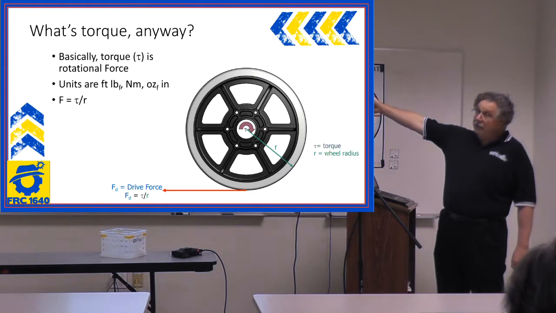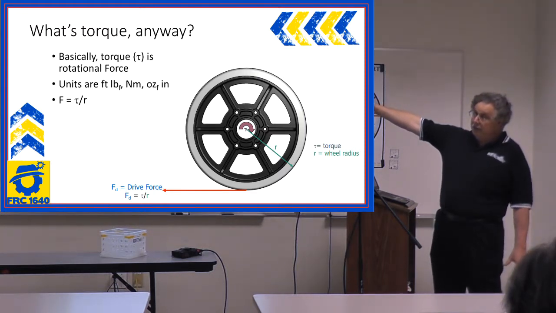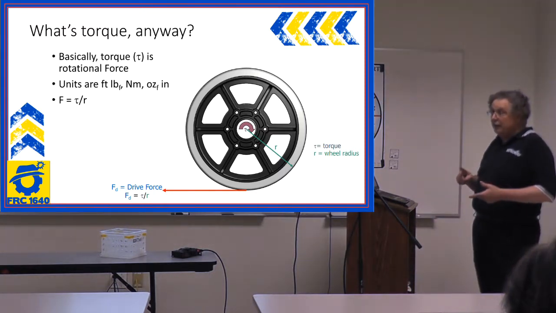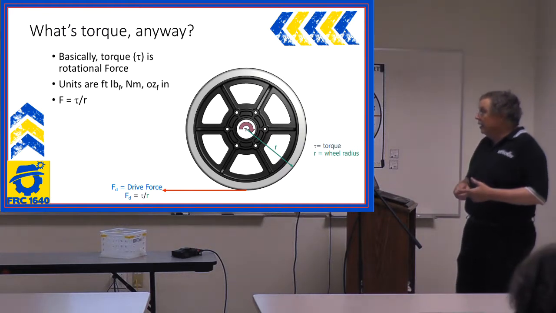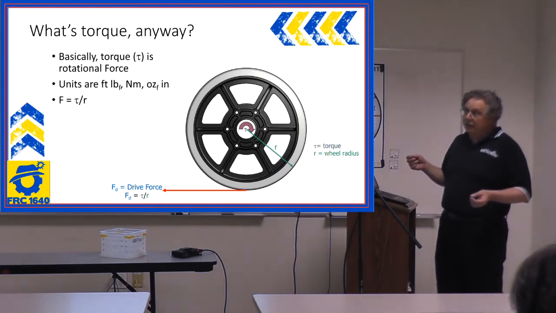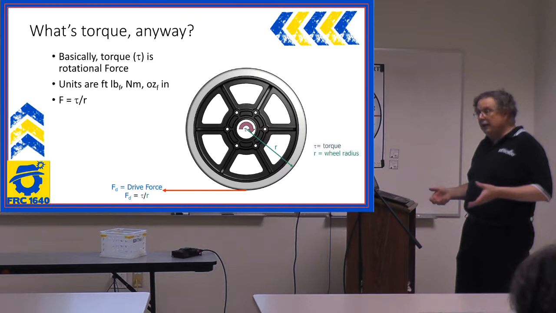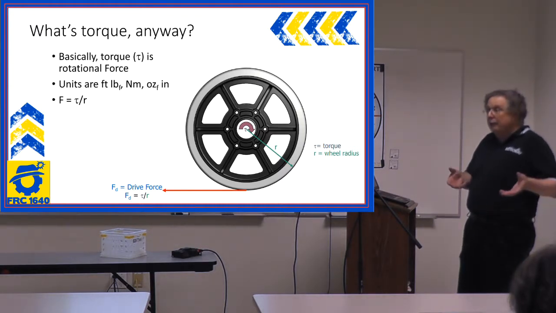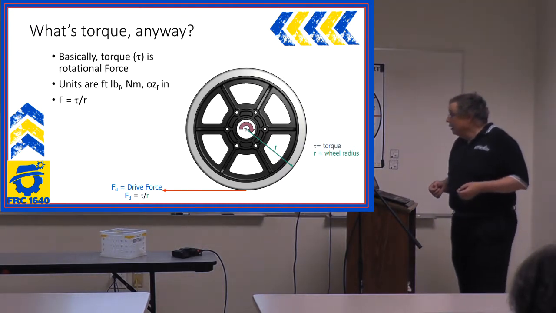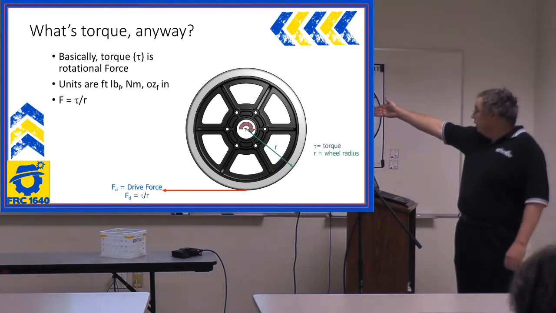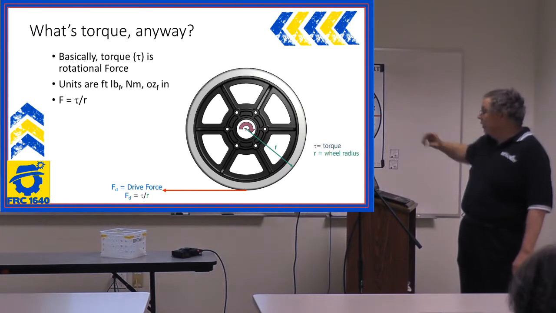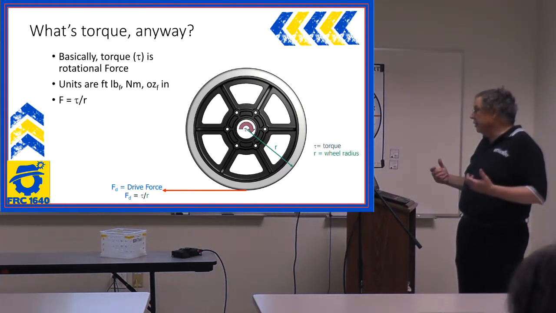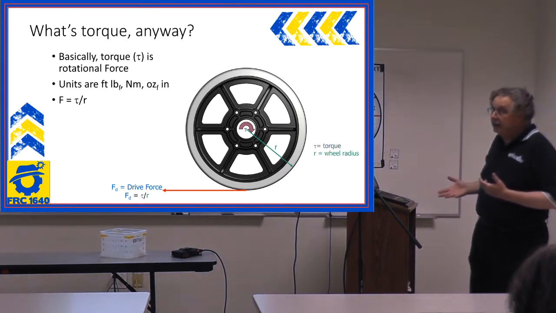It's important to remember that if we're using those American terms, the pounds in foot-pounds are pounds of force, not pounds of mass. The ounces are ounces of force, not ounces of mass. And the reason you use ounce-inches is because they make little numbers of torque look bigger. If you have a wheel and you have a certain amount of torque that's being applied, you've got a radius on the wheel, your actual drive force is going to be the torque divided by the radius.